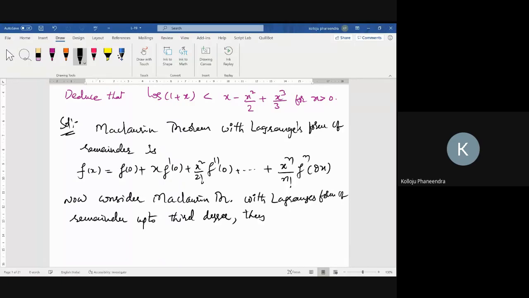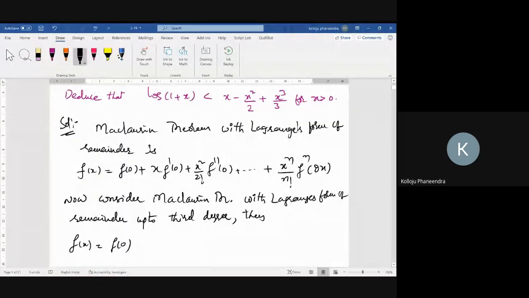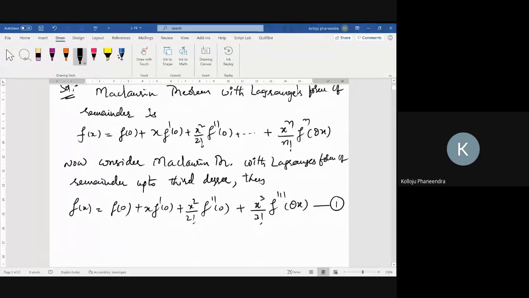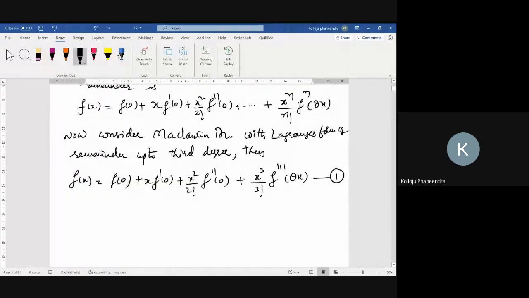Then f of x equals f of 0 plus x into f dash 0 plus x square by factorial 2 f double dash 0, and the term with Lagrange's form of remainder, x cube by factorial 3 f triple dash of theta x. This is Maclaurin's theorem with Lagrange's form of remainder up to third degree.